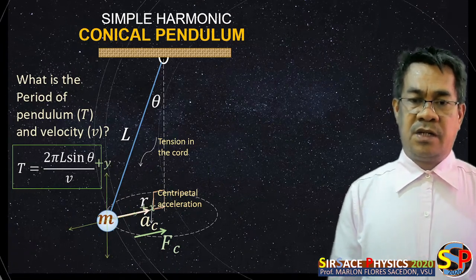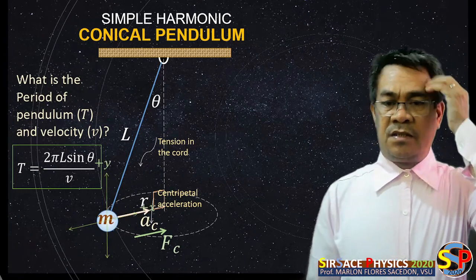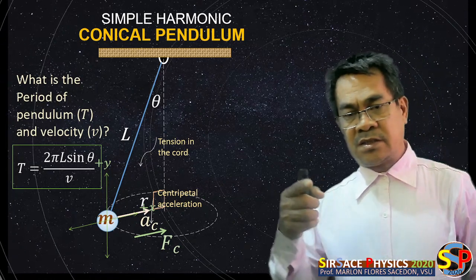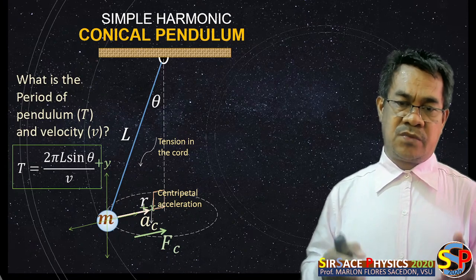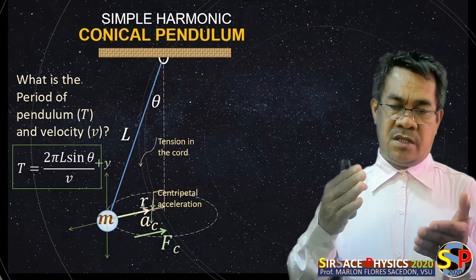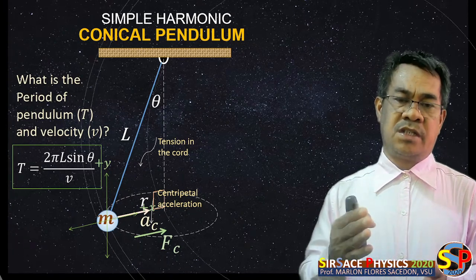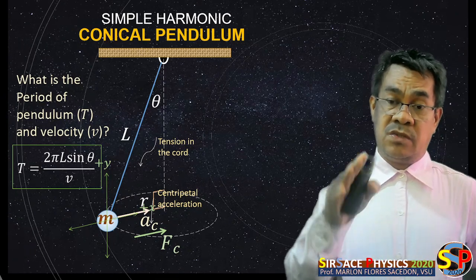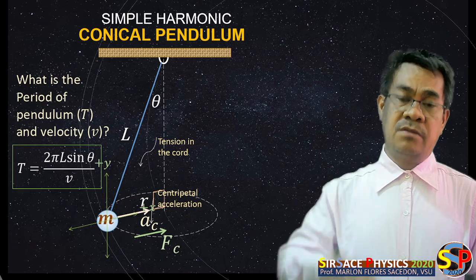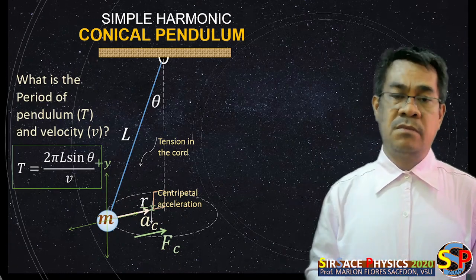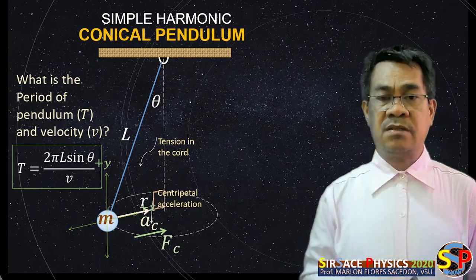Okay, so if we overlay that on the Cartesian plane, x should be along the center. Why? Because we know that the unbalanced force on that particle is towards the radius. There's no unbalanced force along y, remember, because it won't move down or up if the angle is constant.